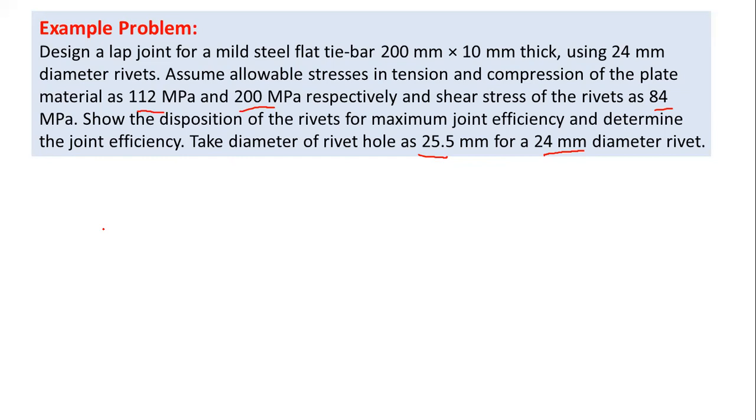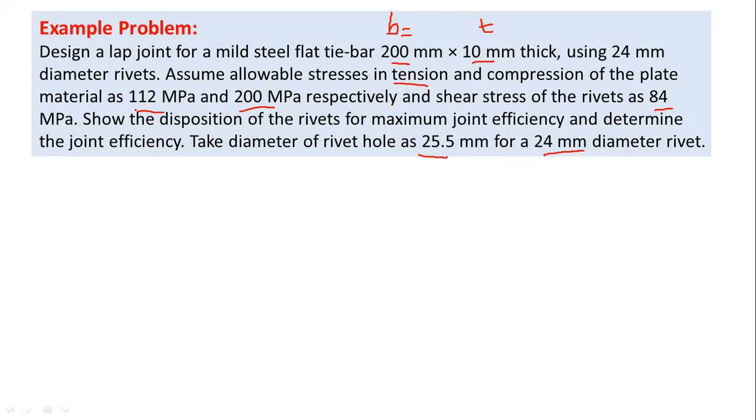From the given question, first of all, you have to identify the given values. The width of the plate is given, that is B equal to 200 mm, and the thickness of the plate is 10 mm, that is small t.